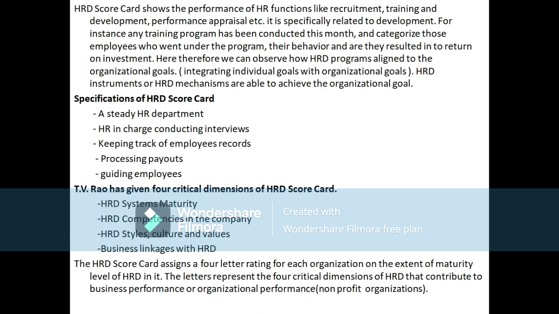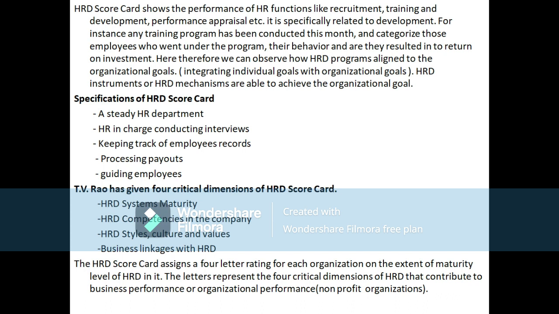What are the functions that are performed in the HR department? To those related aspects only the HRD scorecard is applied. So what are HR functions? Recruitment, training and development, performance appraisal, employee engagement, employee retention. All these come under the HR functions.